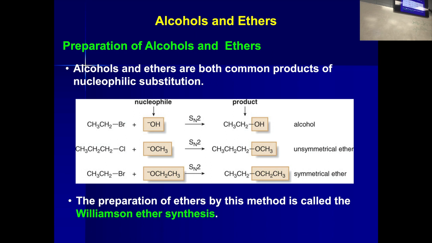So if you ever come into an organic chemistry laboratory and you were talking with your professor, they wouldn't say, I think today we're going to take ethyl bromide and react it with ethoxide and make diethyl ether. They would say, Alyssa, I want you to go do a Williamson ether synthesis. That's how we talk. We talk based on named reactions.